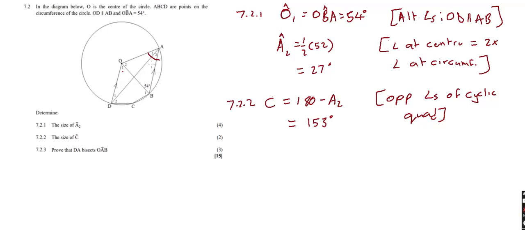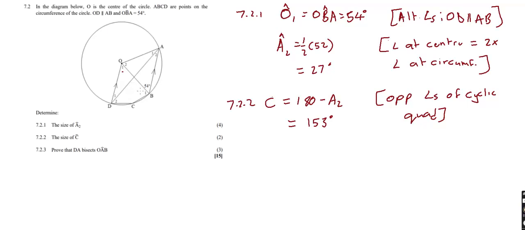So basically we are requested to find A1 and prove that A1 is the same thing as the A2 that we found. Our job is to prove that A1 is also 27 degrees. If A1 is 27 and A2 is 27, then DA bisected the angle A.